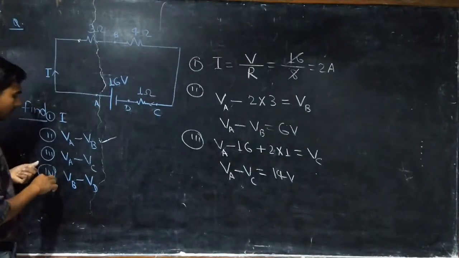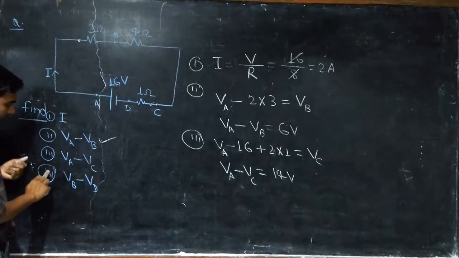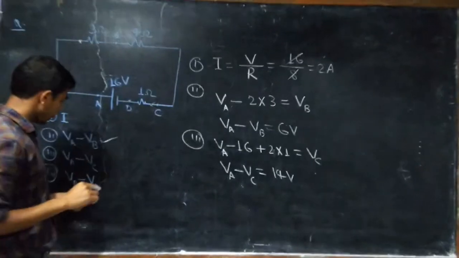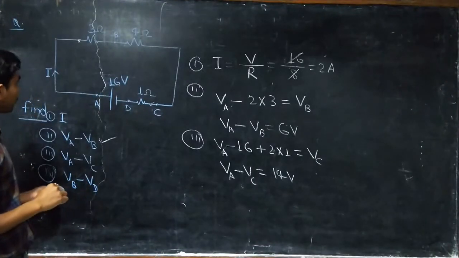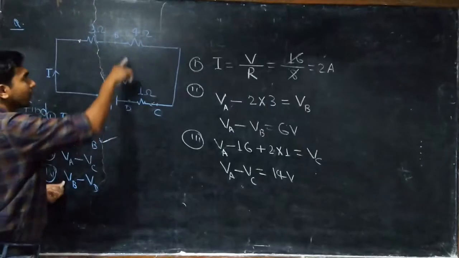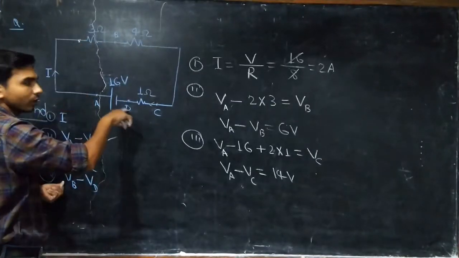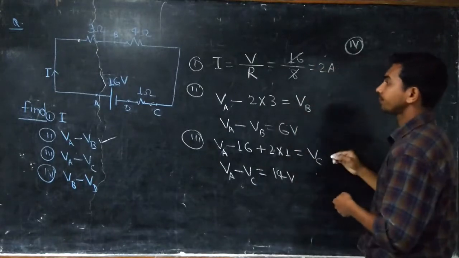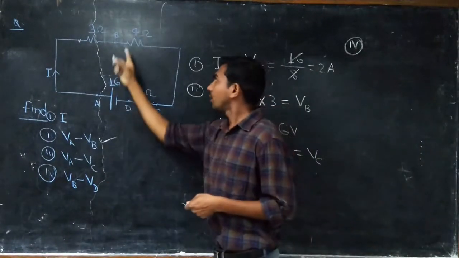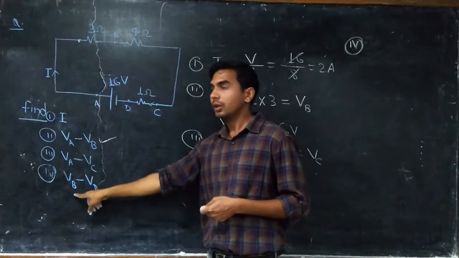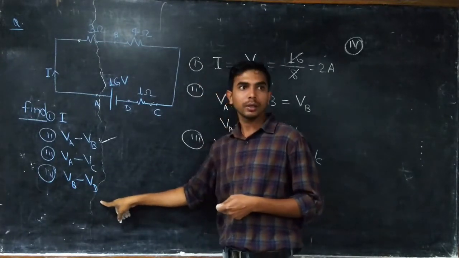This way we are able to do it. And the fourth one is VB minus VD, these 2 points, right? So again we have to move from B to D, because we have to find potential across VB and VD, right?